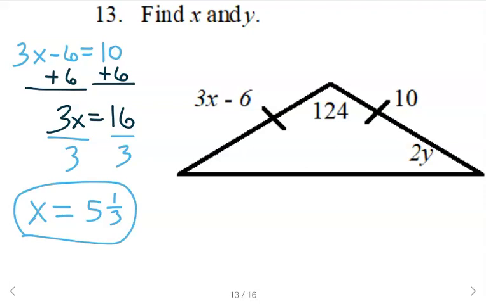Now we need to find the value of y. If we have an isosceles triangle, then the angles across from the congruent sides are congruent. So these two angles must be congruent. Angles in a triangle add up to 180. So one way to find it would be 2y plus 2y plus 124 equals 180.